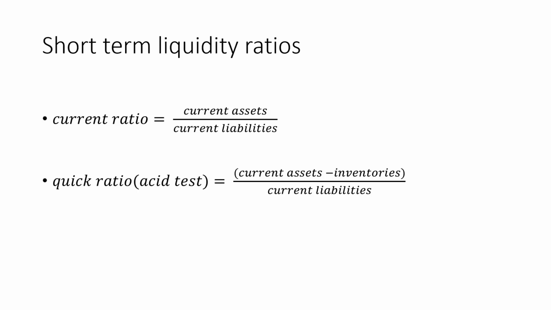So the value of inventories, if a firm is liquidated immediately, may or may not give the same amount of cash to the company that it expects these to have once the final product were assembled. And therefore, we look at can we really do an asset test of this firm? If we remove the inventories, how much is the firm able to pay its current obligations?